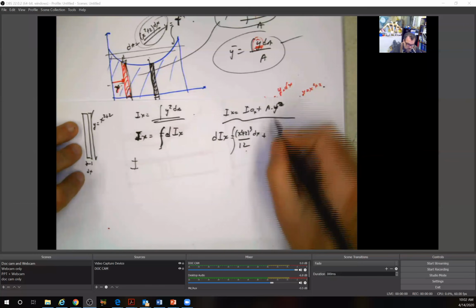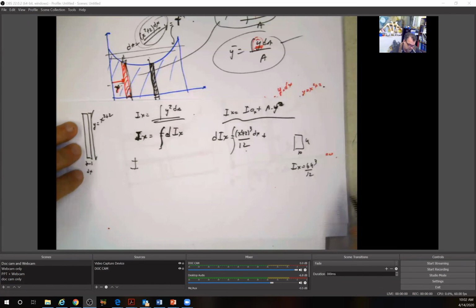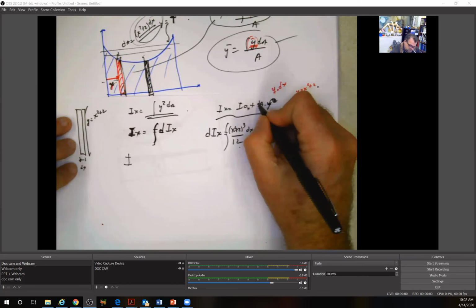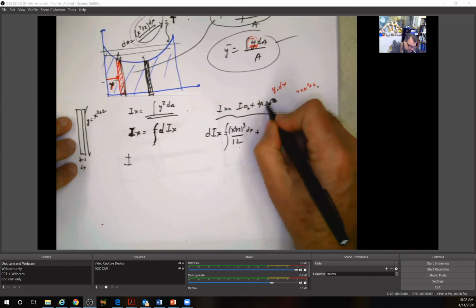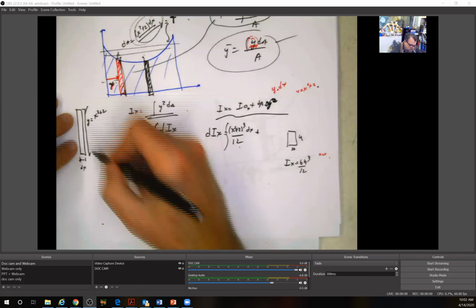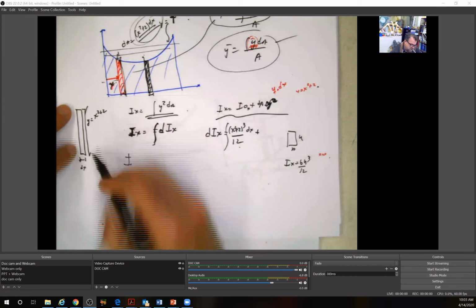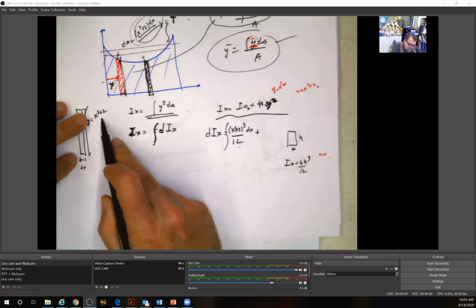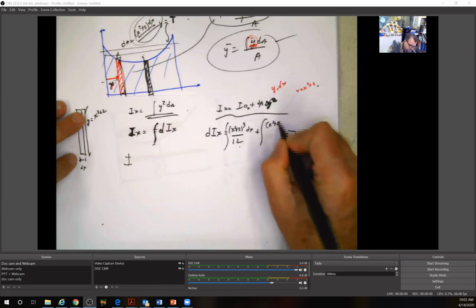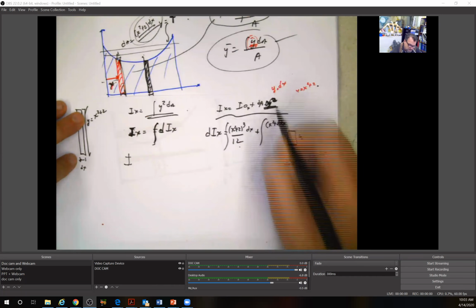Plus area. What is the area? In this case, it will be the differential of area times the distance in y squared. What is the differential of this area? It is dx times that, so it's going to be x squared plus 2 times dx, times the distance squared.